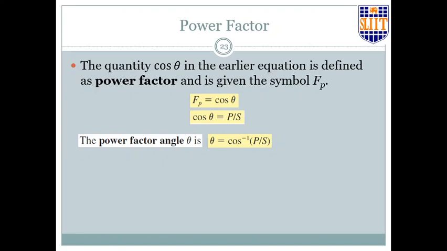So that ratio is how much work we can actually get from what is given into it, or how much power we can get as work output compared to the full power that we are giving.